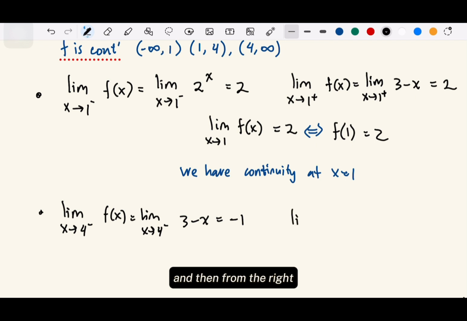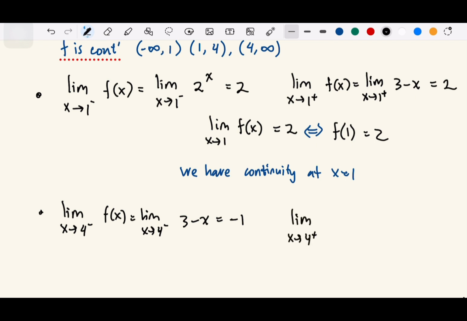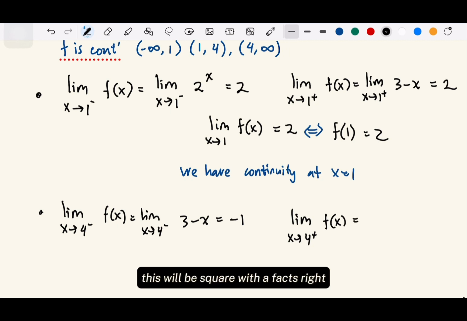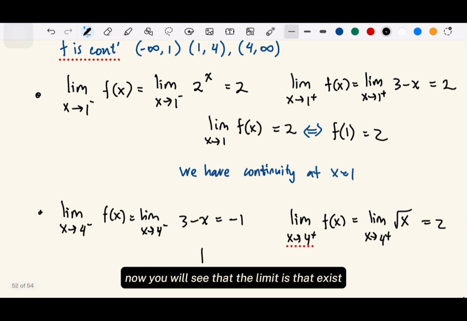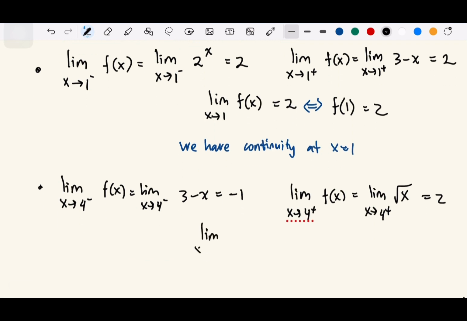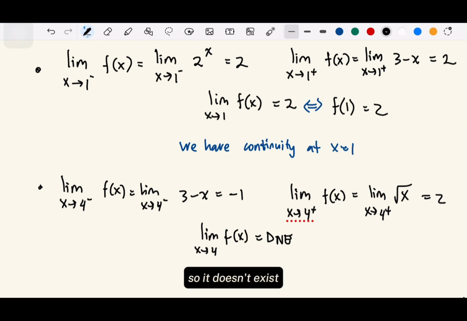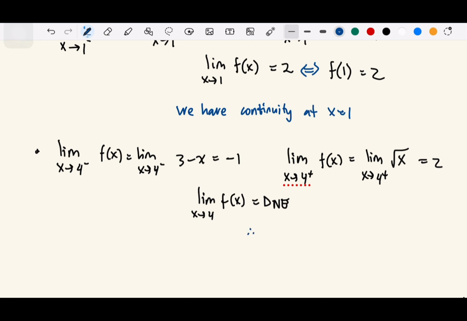And then from the right, this will be square root of x, right? Which is equal to 2. Now you will see that the limit does not exist. So we can say f is discontinuous at x equal 4.